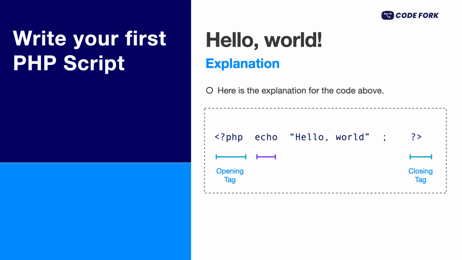We use PHP's function echo to output or display data next to it on the screen. In our first code, Hello World is a string, and strings are kept under single or double quotes. We use a semicolon at the end of each statement to separate each statement.